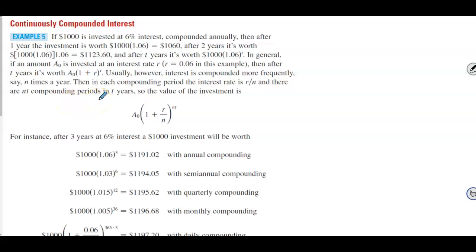Then in each compounding period, the interest rate is R divided by n, and there are n times t compounding periods in t years, so the value of the investment is the initial amount times the quantity 1 plus the rate divided by the number of compounding periods, to the power of the number of compounding periods times t.